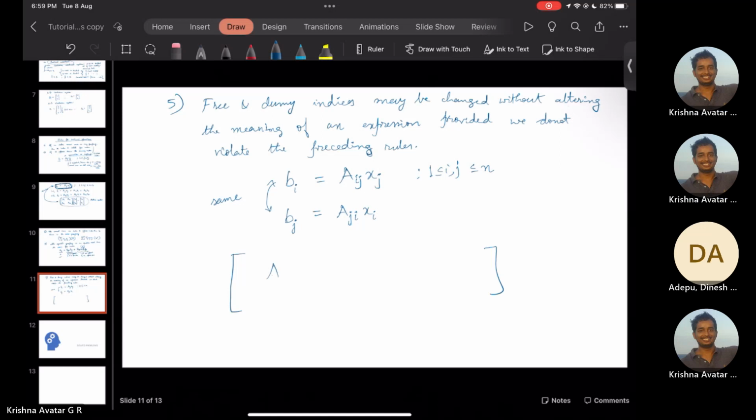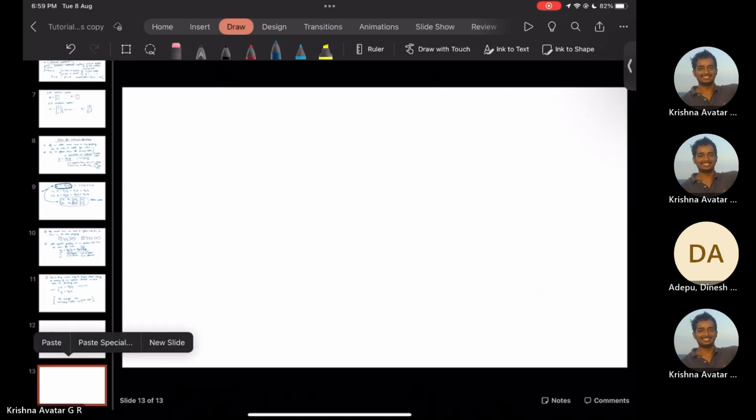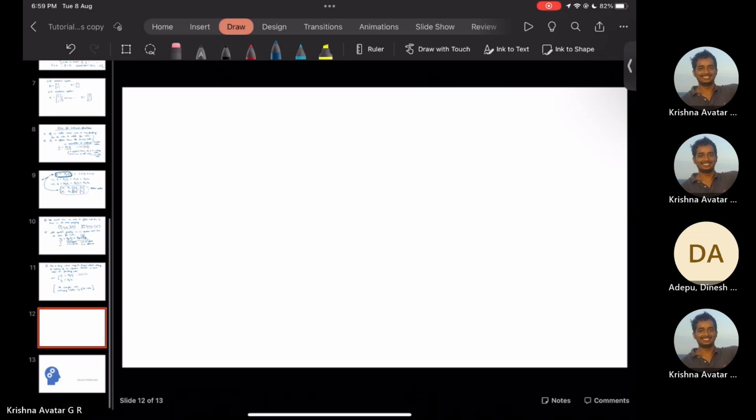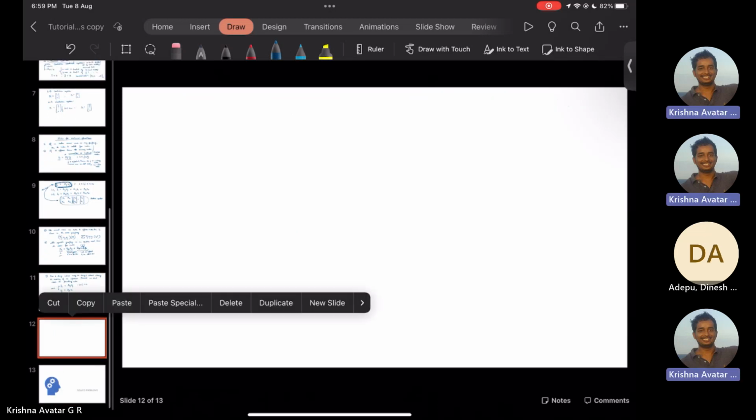So, an example where exchanging violates any of the rules.